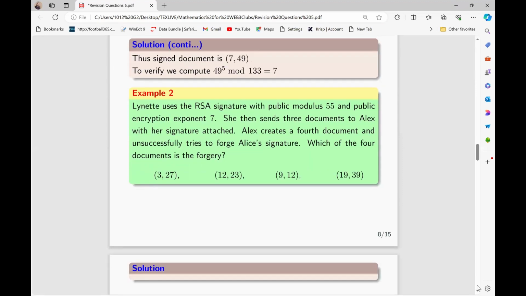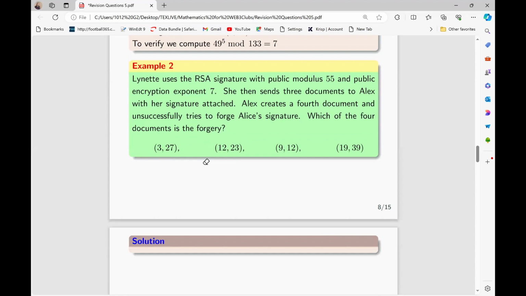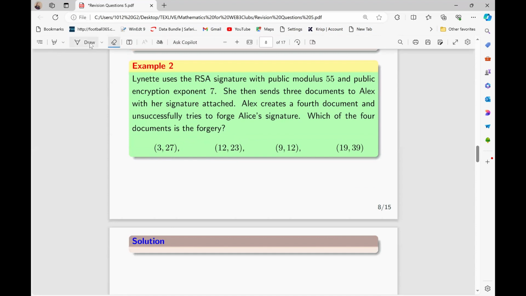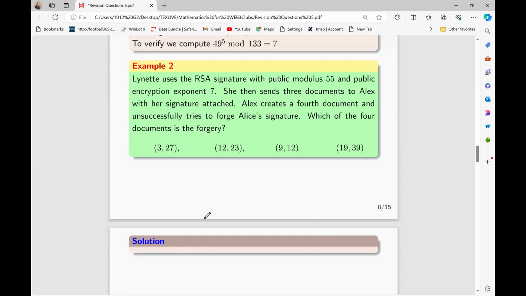I want to find out which of these is the forgery. Now, we don't need to calculate D because we've been given the signed documents. We've been told that she sends 3 documents to Alex with her signature attached.